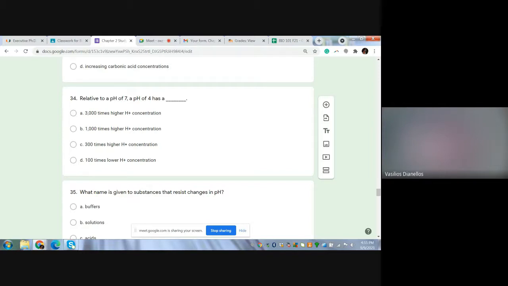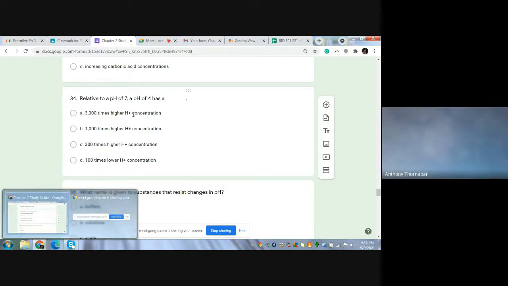And then the higher the number, the less acidic, the more basic, the fewer H plus ions, and the more OH minus ions. So there's all those different ways of saying the same thing, right? Higher number, lower number. A higher acidity, lower acidity. More basic, less basic. So just think about all that for the exam.